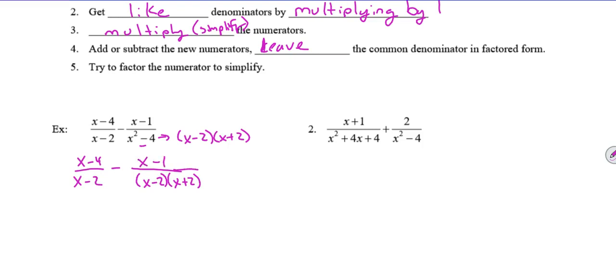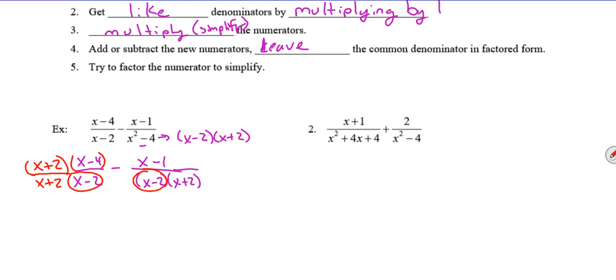So I do not have like denominators. This one and this one are the same, but this is missing an x plus 2. So I have to multiply an x plus 2 on top and an x plus 2 on bottom, which is a form of 1.